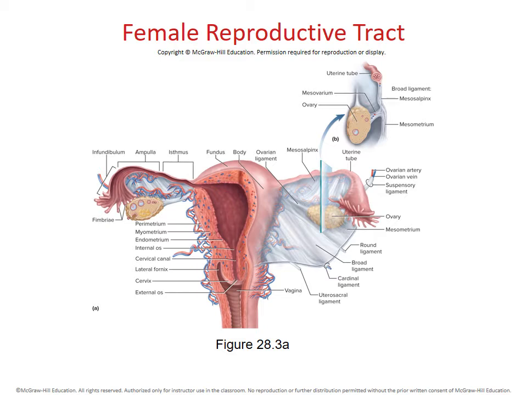All right, so we're back to this diagram again that we were looking at, and so we've talked about some of these ligaments and the ovary itself, and now we want to take a look at the uterine tube. Again, it's a hollow muscular tube extending from essentially the top side of the uterus itself.